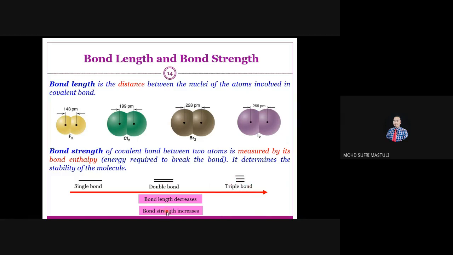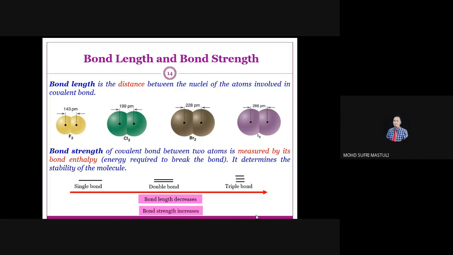In terms of strength, from single to double to triple, it is increasing. The tall person is very weak; when you push, it is very easy to push the skinny person, compared to the fat person, the triple bond. So the single is the weakest one and the triple is the strongest one.